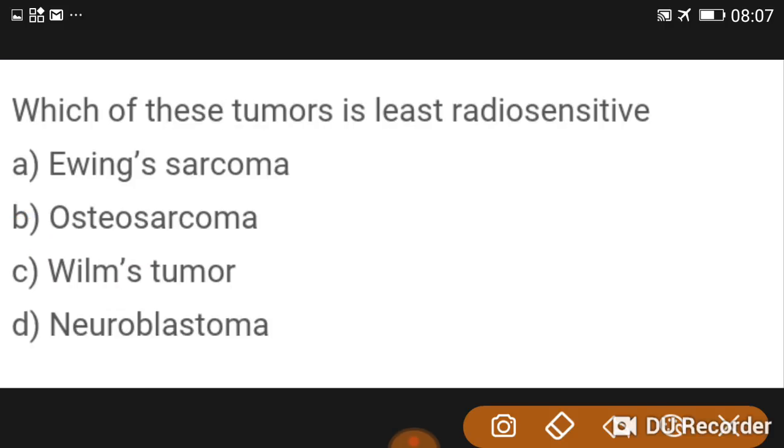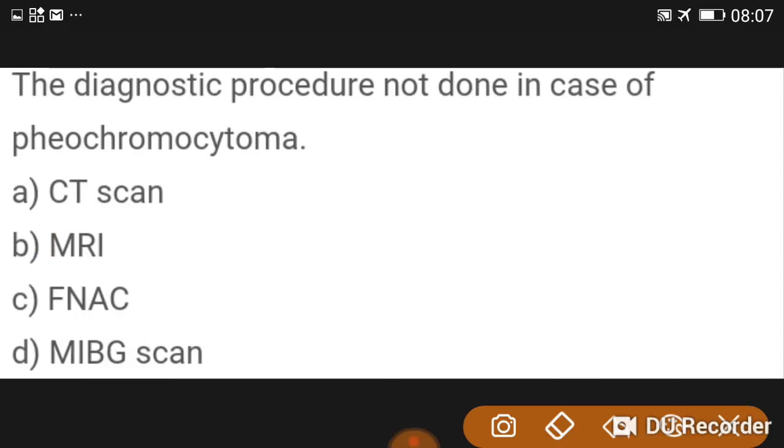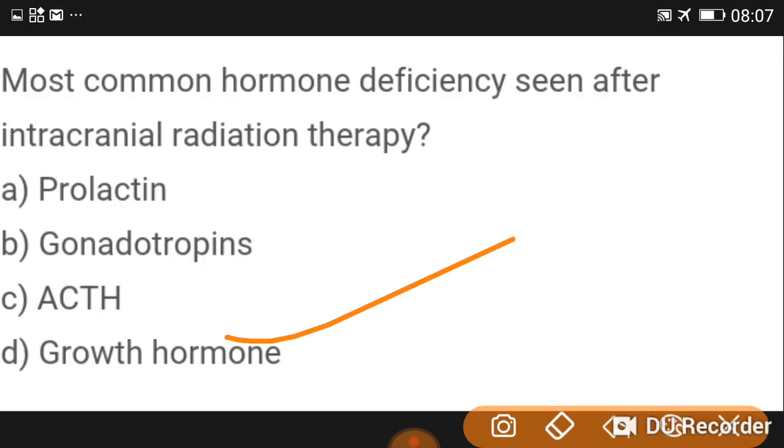Now, which of the following tumors is least radiosensitive? Osteosarcoma. The diagnostic procedure not done in case of pheochromocytoma is FNAC, fine needle aspiration cytology. Most common hormone deficiency seen after intracranial radiation therapy is growth hormone.